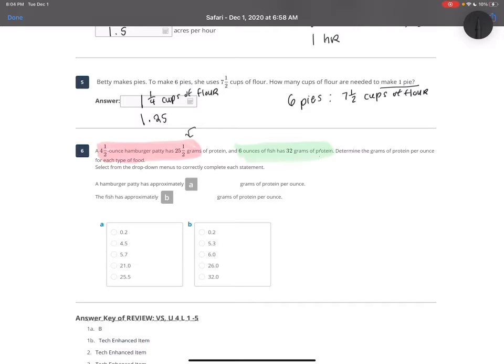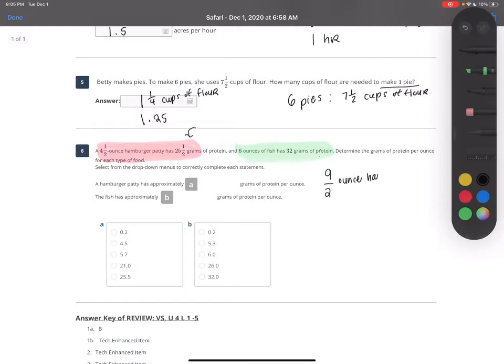When I look at the hamburger ratio, I see mixed fractions. And just like I said in the lessons, make sure you change those mixed fractions into improper fractions, okay? So 4.5, in its improper fraction form, would be 9/2 ounce hamburger patty.